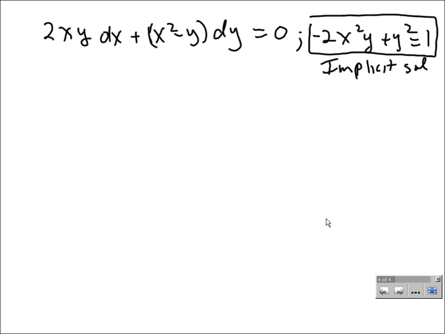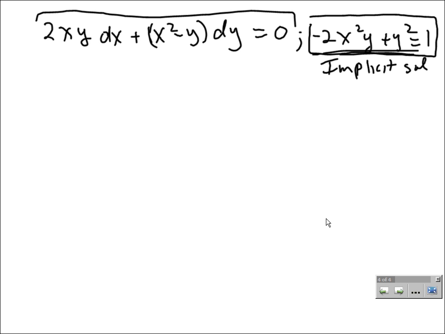Whenever I say y equals, I mean on the other side there's no y's. If I say x equals, there better not be any x's on the other side. And since the differential equation looks different than ones we saw so far, that's not why this answer is implicit.